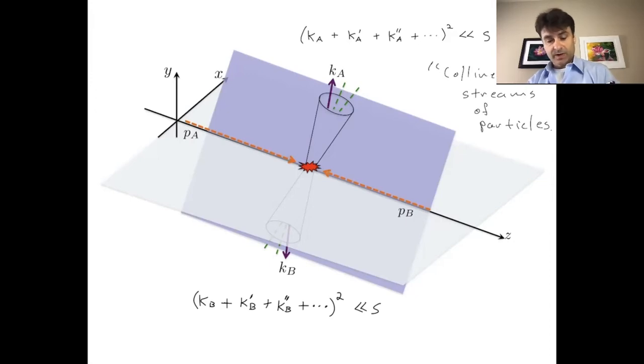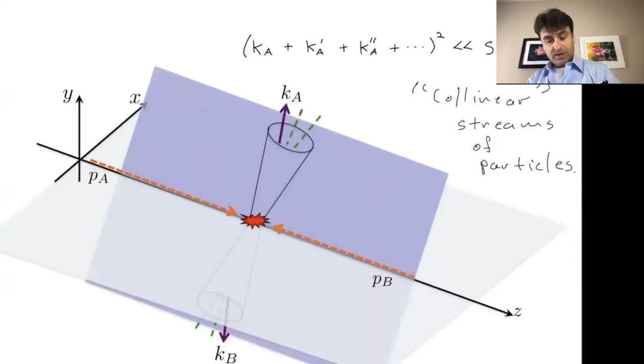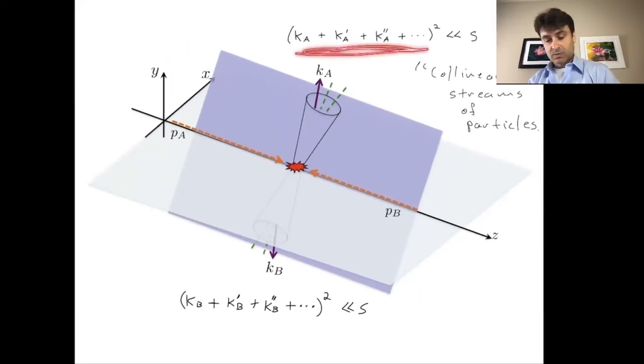So in other words, if I label the particles that accompany Ka, these green particles, with primes, and I add all the particles in that cone together and I take the square, then if that's much less than the center of mass energy squared, then it's basically going to look like a bunch of particles going out in the same direction relative to the very different directions of these incoming particles colliding in the center of mass.